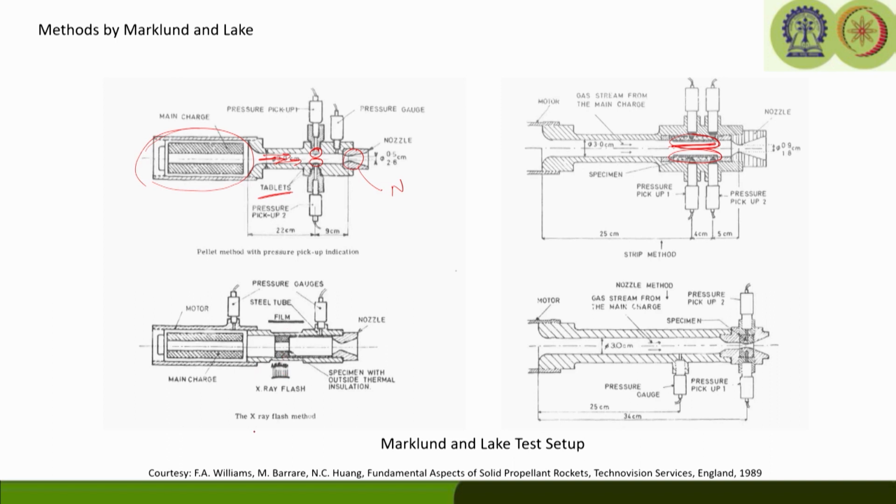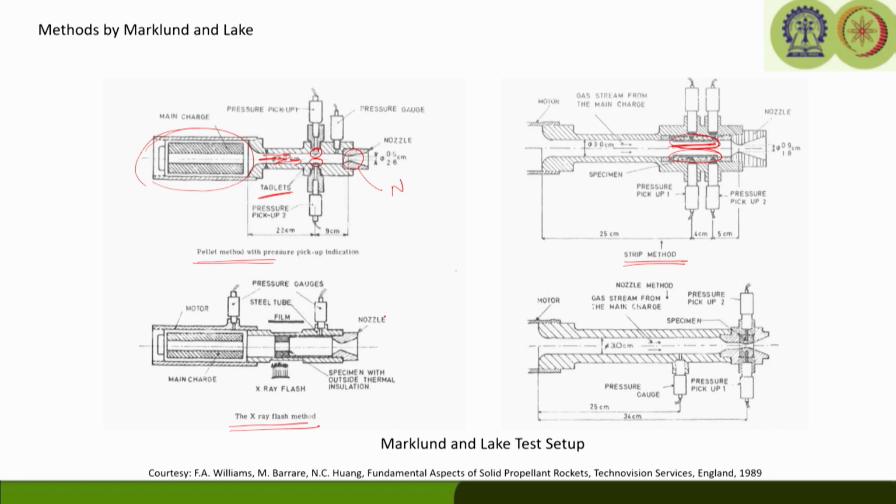This is another modified method of Marklund and Lake, called the X-ray flash method. This one was the pellet method with pressure pickup locations shown here. This is the strip method. This is a modified version of the Marklund and Lake method, but with a different test setup.